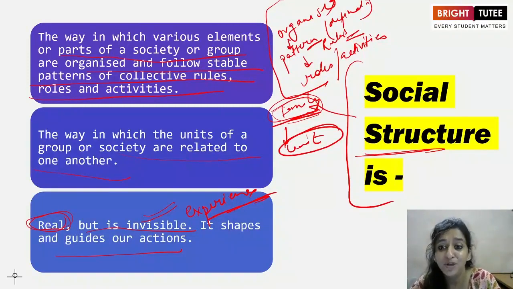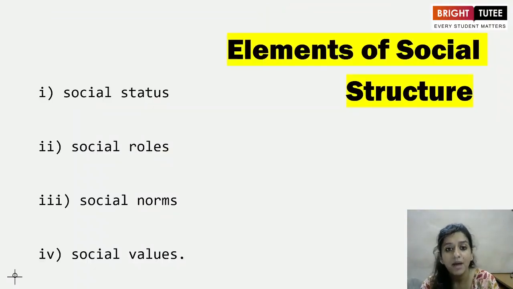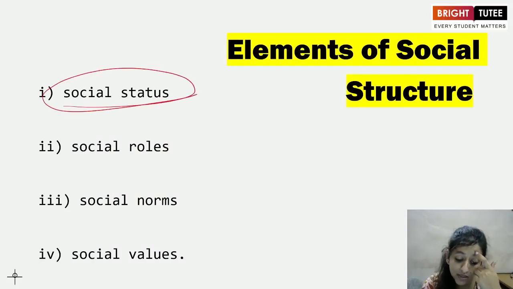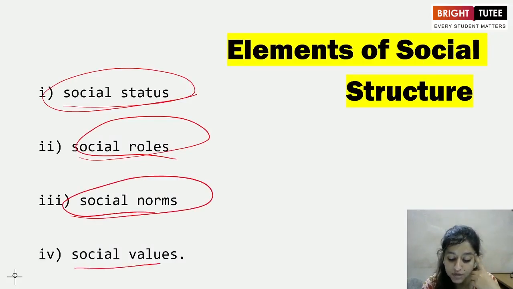Some of those experiences, some of those memories, becoming the background of my action in today's world, is exactly the very major aspect of social structure. Talking about the elements of the social structure, you have social status, social roles, social norms, and social values involved.